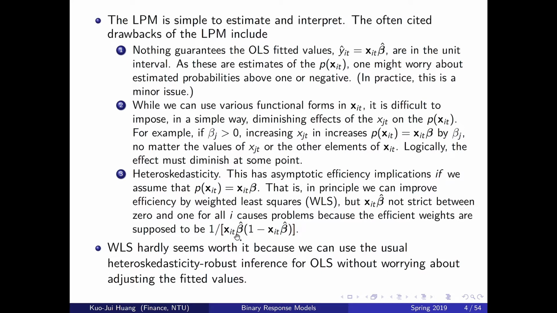So it will cause a problem in the weighted least squares. However, the weighted least squares is hardly worthwhile because we can use the usual heteroscedasticity robust inference for OLS. But anyway, we should make sure that the estimates of linear probability models are robust to heteroscedasticity.